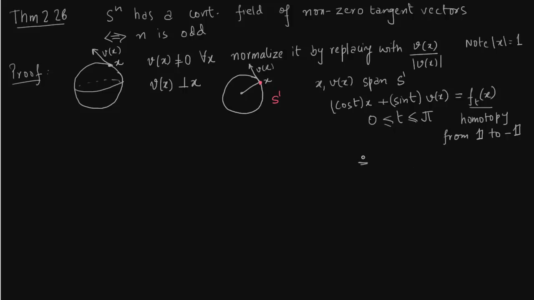And since we have seen that degree of fg is degree of f times degree of g, we keep multiplying minus 1 with itself. So in this case for S2 it will be minus 1 raised to the power of 3, because this is minus 1 times minus 1 times minus 1.